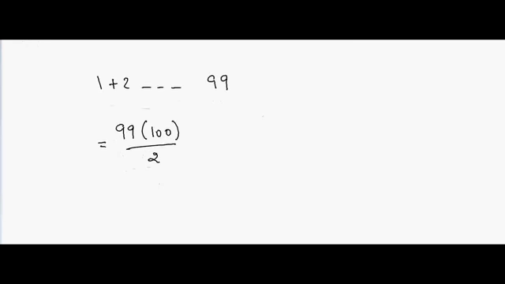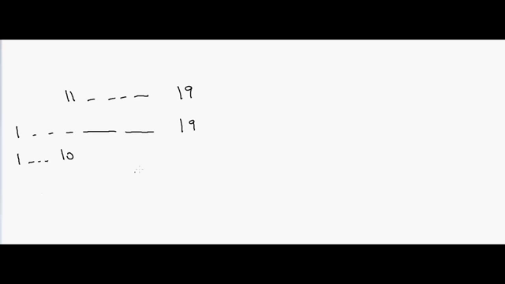Now suppose that instead of 1, the number starts from somewhere else. Suppose it starts from 11 and goes until 19. How will I do that? In that case, I'll first add 1 to 19, and then I'll subtract 1 to 10 from it.